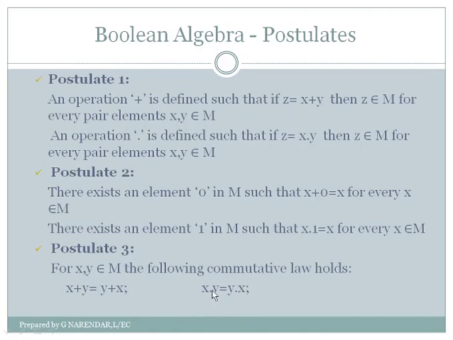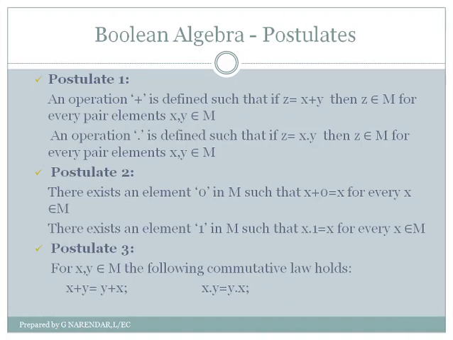So we can perform the AND operation of y with x, or we can also perform the AND operation of x with y. The result of both will be the same, and this is called the commutative law.